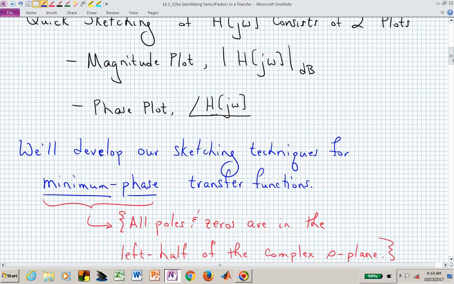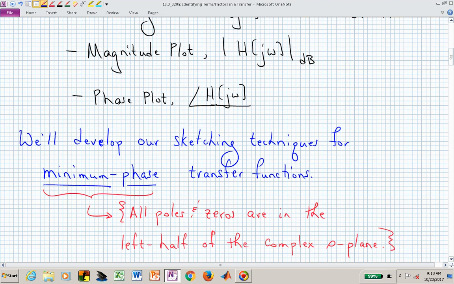One more thing to keep in mind is that we are presenting these strategies or techniques assuming that all of our poles and zeros are in the left half plane.